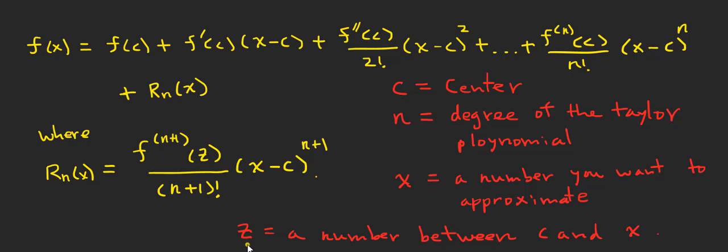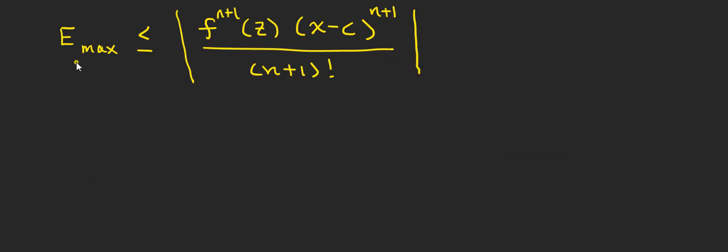What is z? z is a number between c and x, the center and the number that you want to approximate. And it turns out that our maximum error is at most the absolute value of the Lagrange remainder.